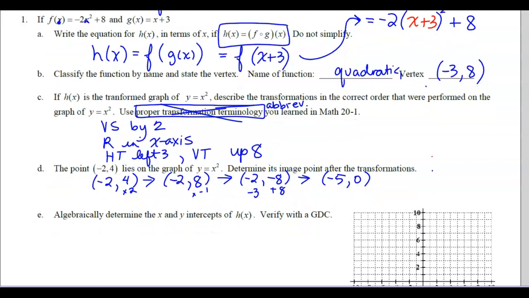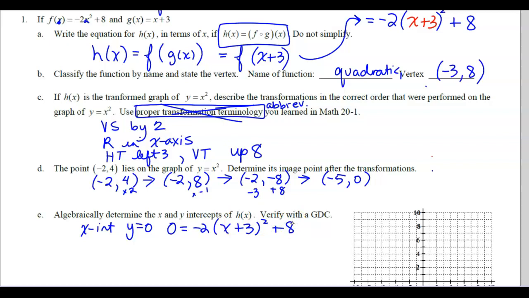Okay, so again, review: algebraically determine the x and y intercepts, and then verify, we'll verify just when we graph. So x-intercepts is when y is 0. So we'll have 0 equals -2 bracket x plus 3 squared plus 8. Yep, you could expand it out and then factor it, but maybe it doesn't factor.